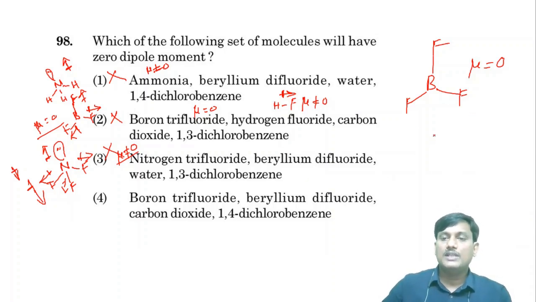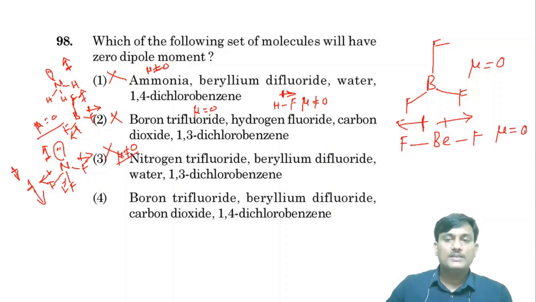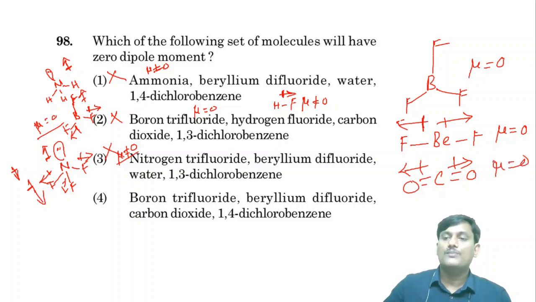And beryllium difluoride, it's a linear molecule. This is the dipole moment direction, this is the dipole moment direction. Here there is a cancellation of each bond moment. So mu is equal to 0. And carbon dioxide, it is also a linear molecule, C double bond O. This is in this direction, this is in this direction, mu is equal to 0.